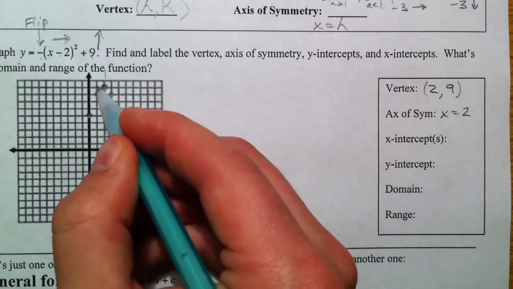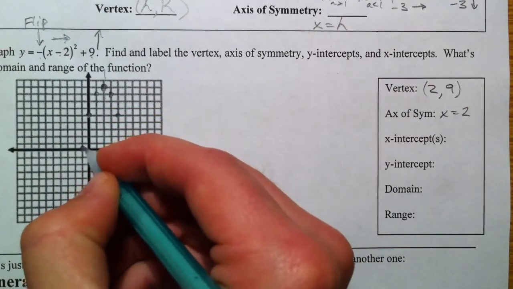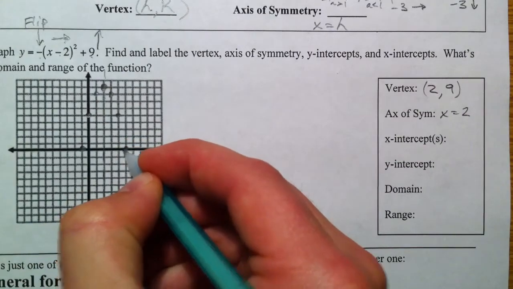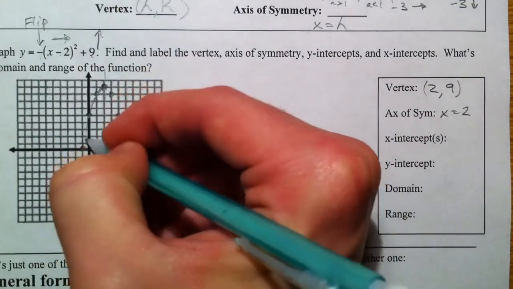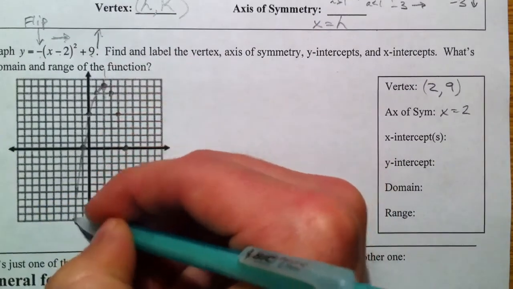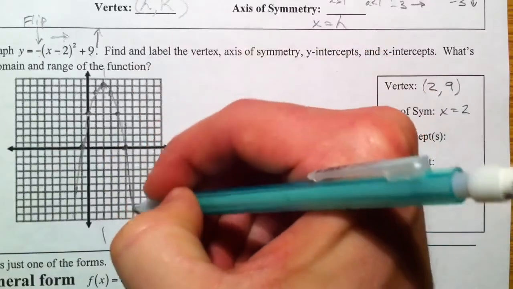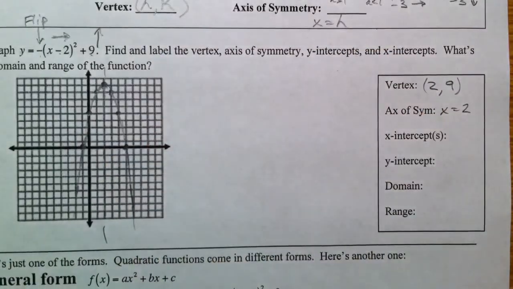And 3 squared is 9. And again, you could go to 4 squared. We can deal with it.